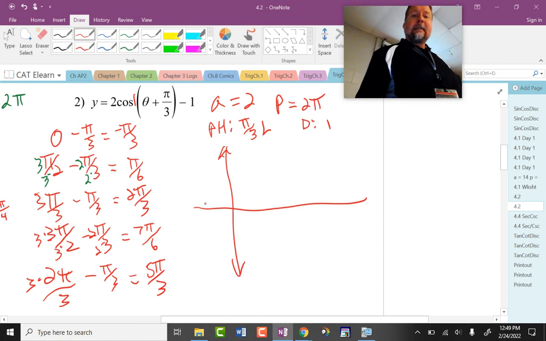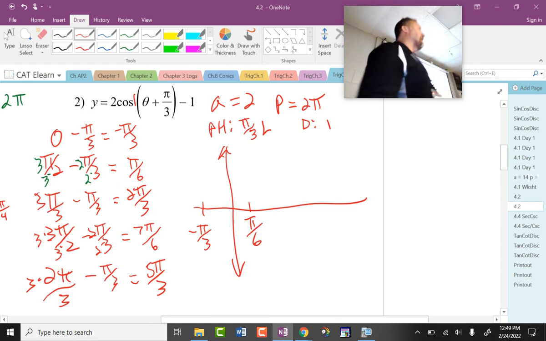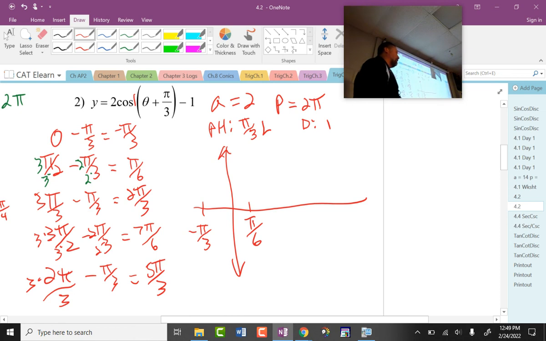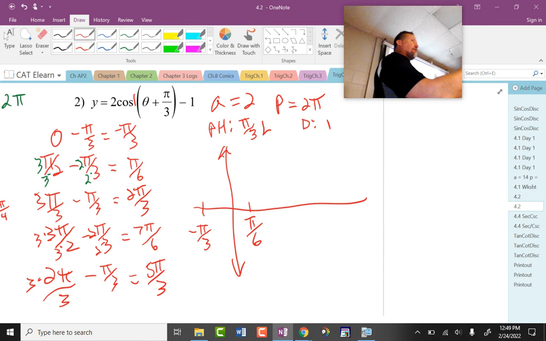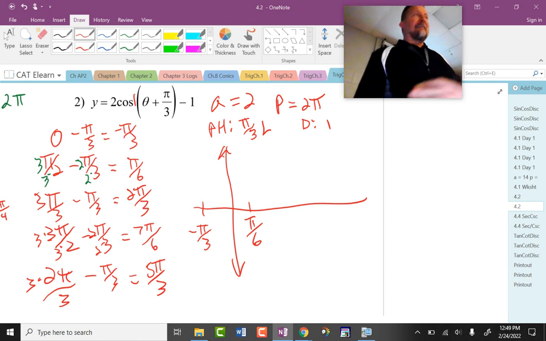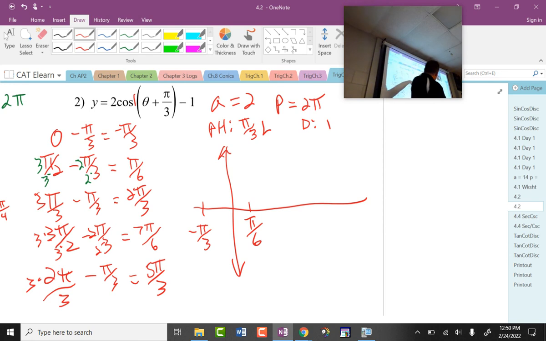Now yet again, negative pi over 3 is twice as far as pi over 6 is from the origin. You need to work on your spacing. I'm not going to get a ruler, but I do get annoyed with people that don't associate how these fractionally are compared to the origin and how far they are. I do get annoyed. I don't know if you've noticed that. All right, and then now this distance from here to here is the same from here to here.